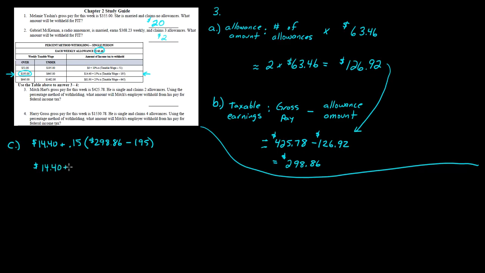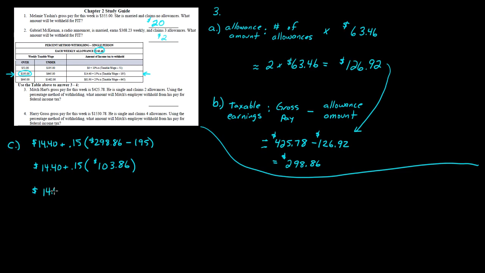We have to do the parentheses first. So that would leave us with $103.86. When I subtract $298.86 and I subtract $195 from that, I'm going to multiply that times 0.15.